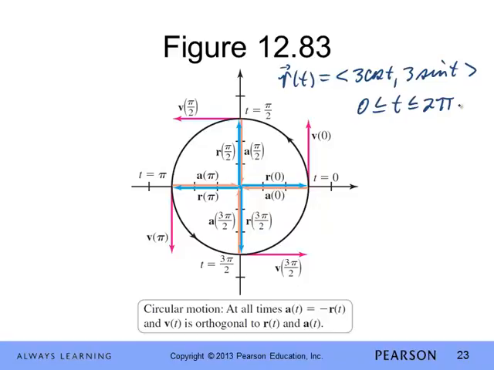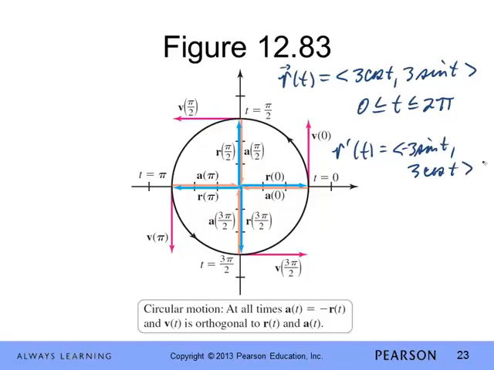Now, if we take the first derivative of r, so we compute r prime, the derivative of 3 cosine t is going to be negative 3 sine of t, comma, the derivative of 3 sine of t is 3 cosine of t.